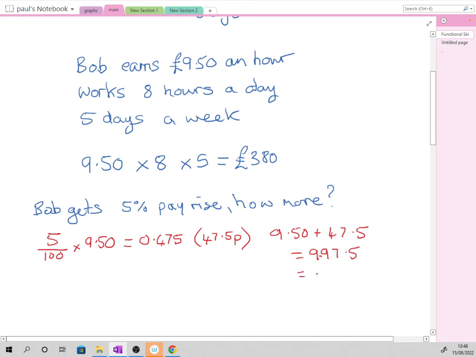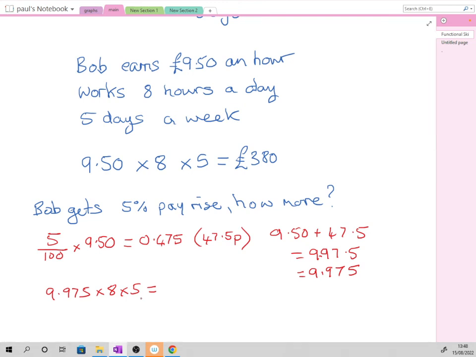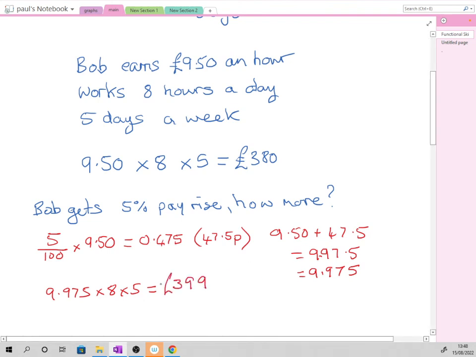If I call that in pounds, it's £9.975 an hour. Then 9.975 times 8 times 5 equals £399. How much more does he get? 399 minus 380 equals £19 more.